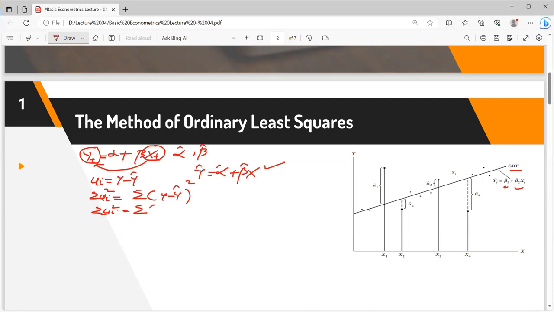summation of y minus alpha hat minus beta hat x, whole square. So summation mu i square is equal to summation of (y minus alpha hat minus beta hat x) whole square.